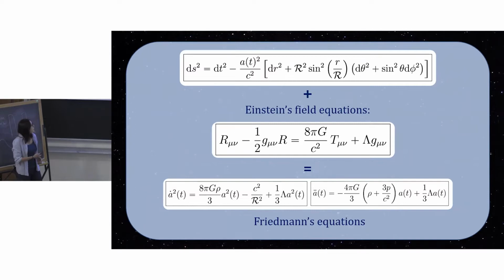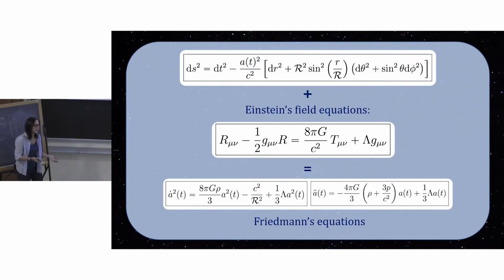The important thing to notice is that the quantities inside these equations are physical constants, but also the density and the pressure of the components of the universe. So the components of the universe are telling it how to expand. And the fact that the universe is expanding is also influencing the density of the components themselves. You also note the presence of this lambda factor.